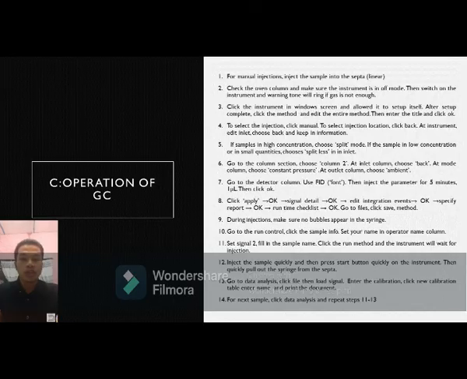For the operation of gas chromatography, firstly, inject the sample into the septa for manual injections. Check the oven column and make sure that the instrument is in off mode. Allow the instrument in the window screen to set itself up. Then click the method and edit the entire method.